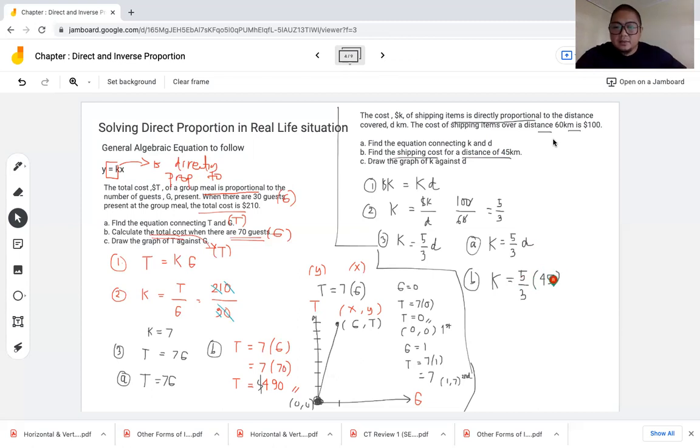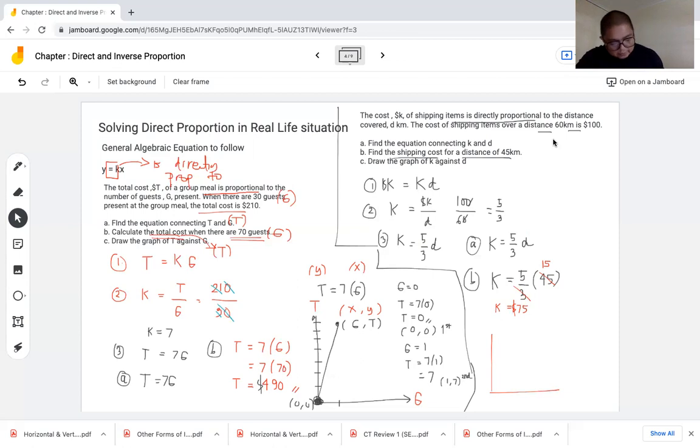So in here, guys, when you cancel out this one, this is going to give you a certain value. 5 times 15 is going to give us 75. So that would mean that the cost of that particular distance will give us $75.